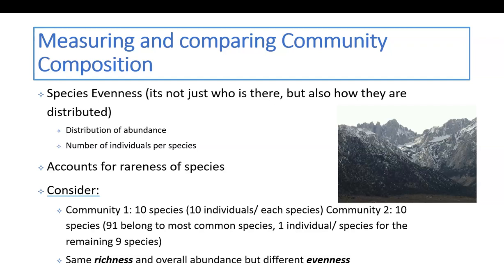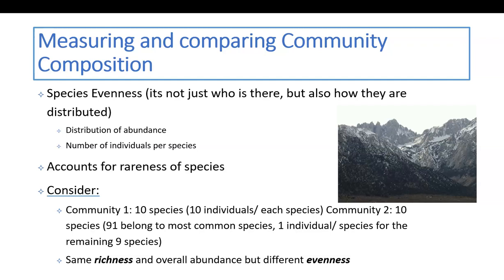Some terminology here. The first one, I'm going to talk about the species evenness. So this is accounting for not just who is there, but also how they are distributed. So their distribution in terms of their abundance and the number of individuals per species.